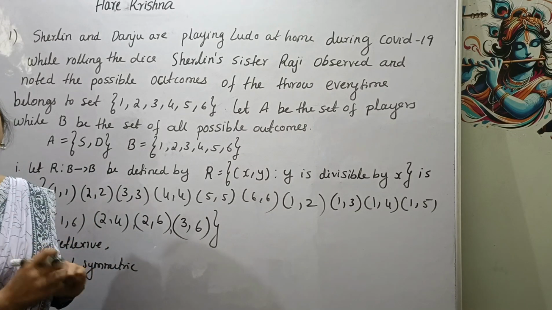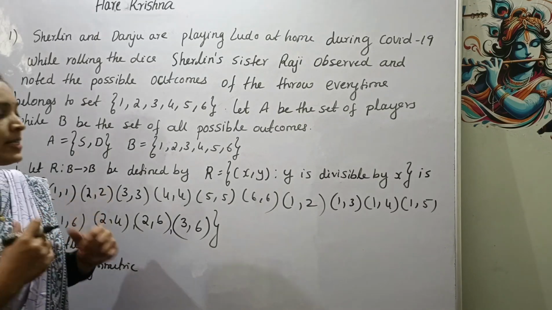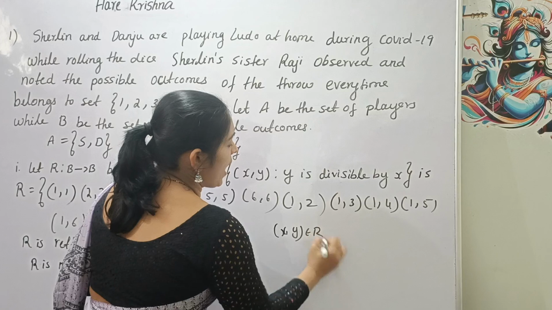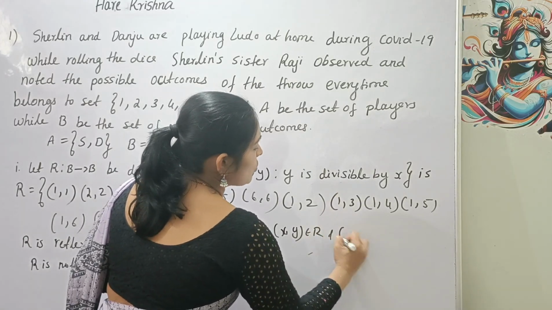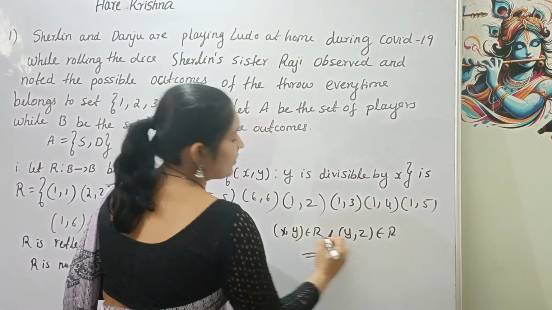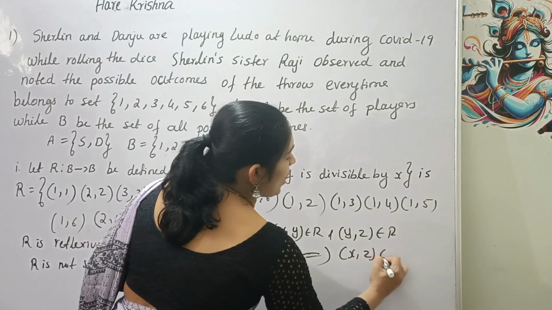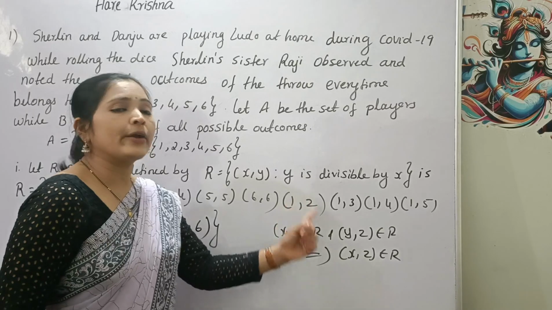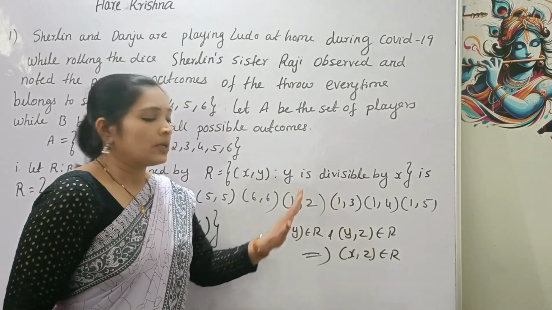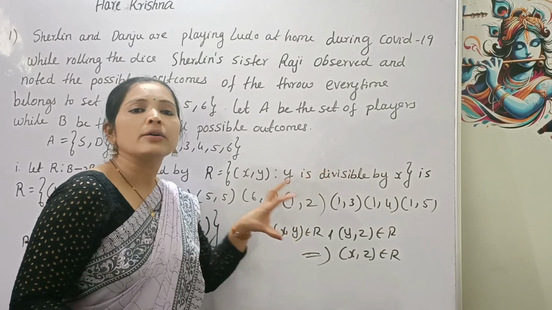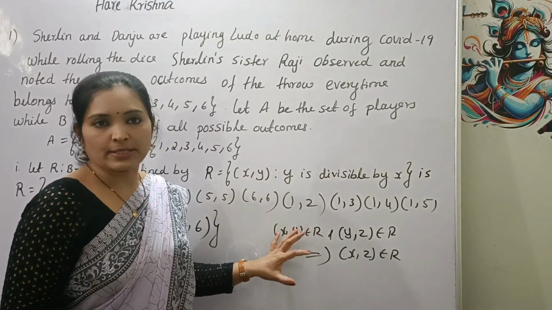Next, for transitivity, we have already studied: if (x,y) belongs to R and (y,z) belongs to R, then (x,z) belongs to R, and the relation is transitive.